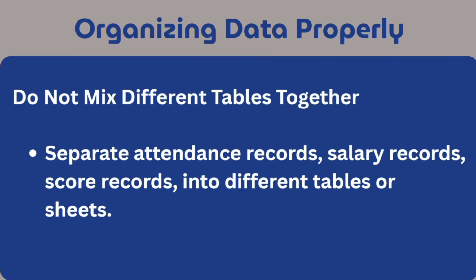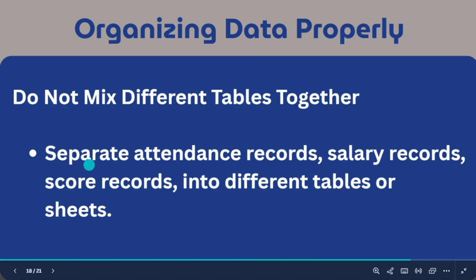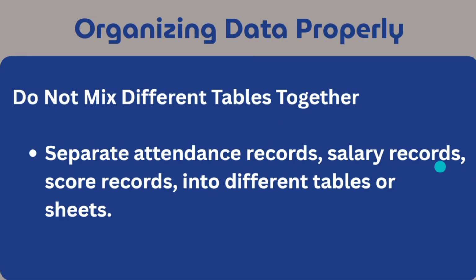So do not mix different tables together. Separate attendance records, salary records, and score records into different tables or sheets. For example, if you are taking records of salary and financial payments in a school, and you are taking records of student assessment, you don't put them together.